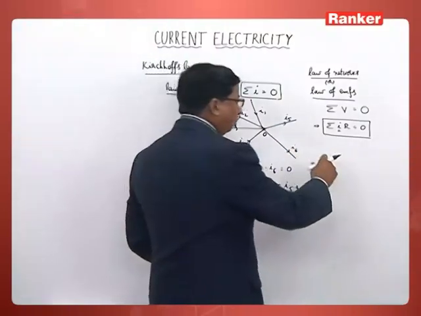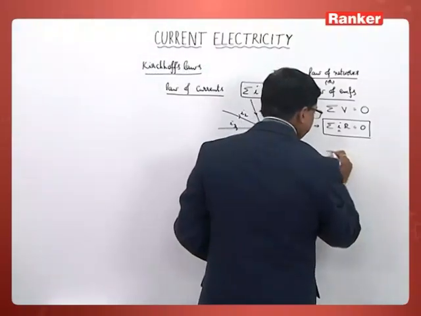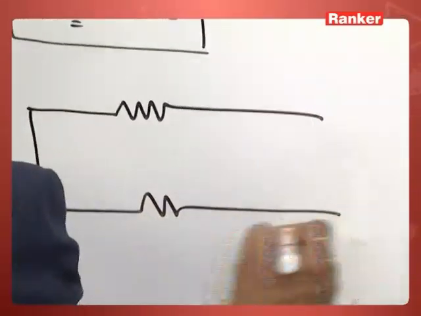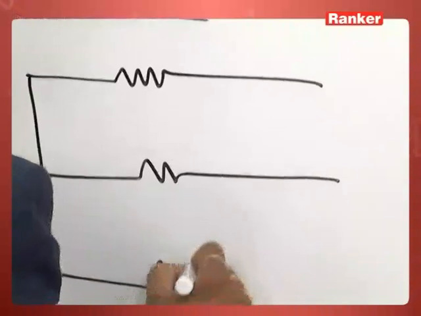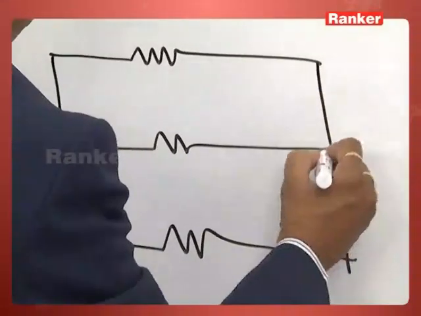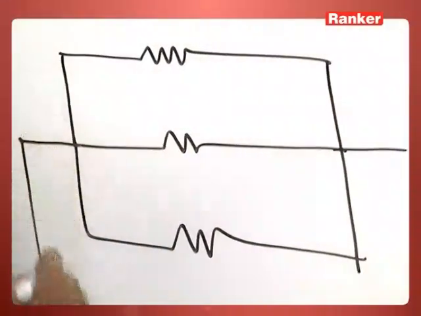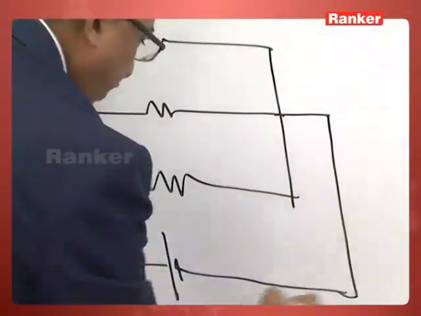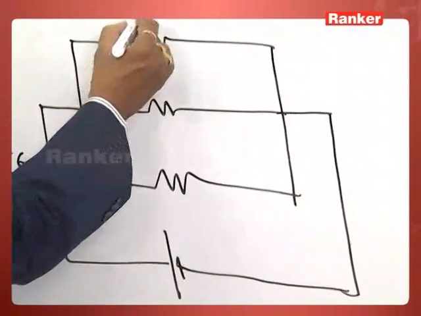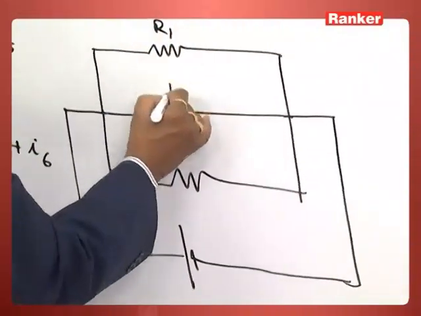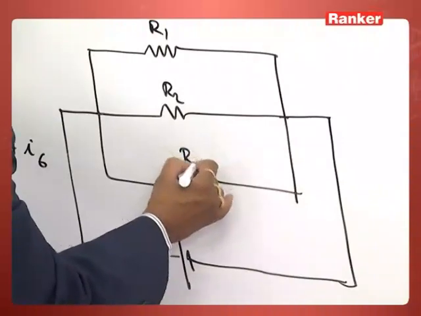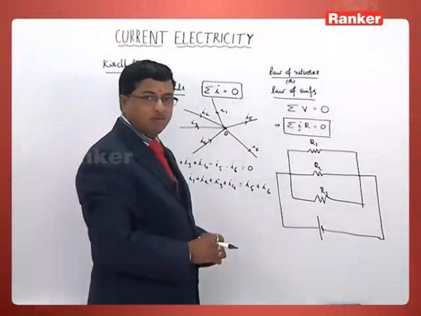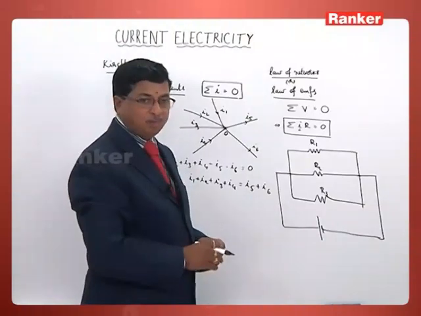If I give you a small circuit like this, let us consider three resistances connected in parallel across a cell like this. This is a small circuit which all of you can easily understand. R1, R2 and R3 are three resistances connected in parallel.